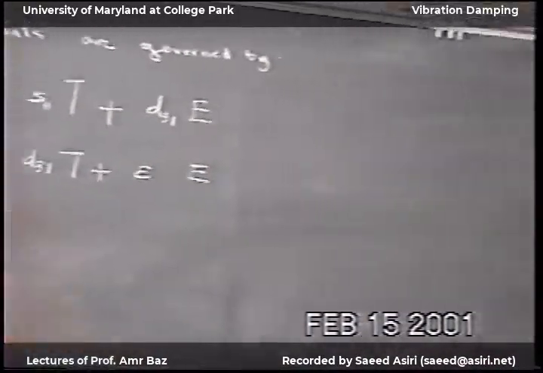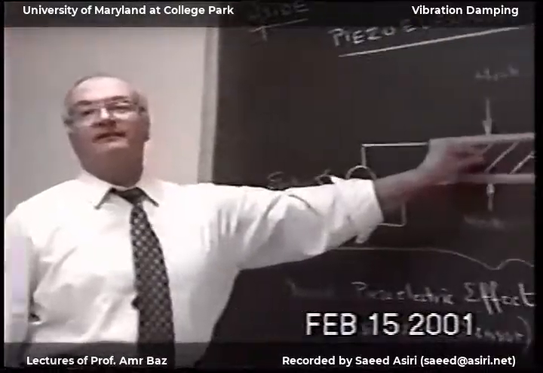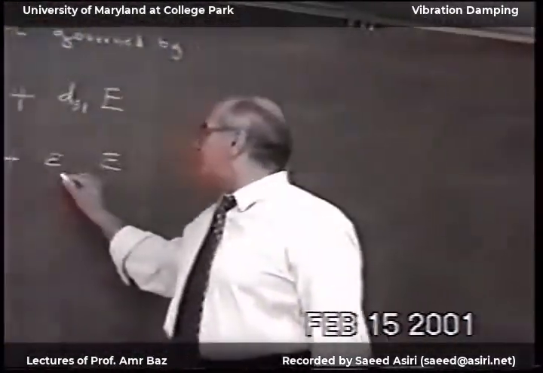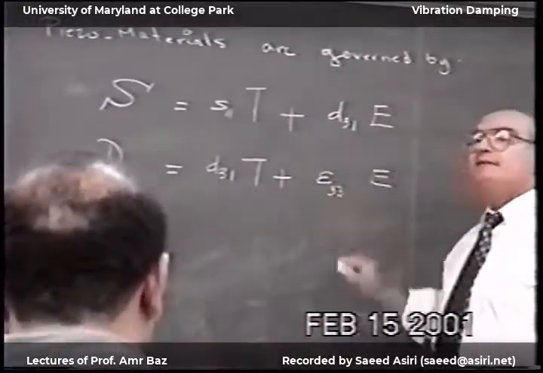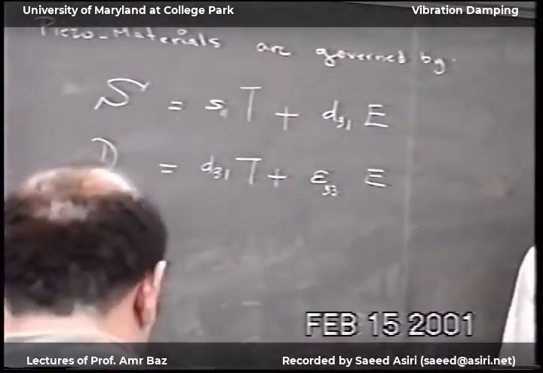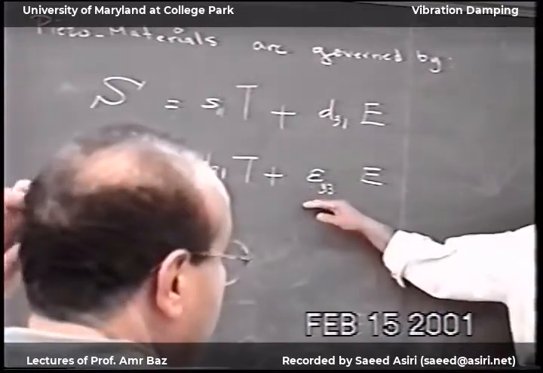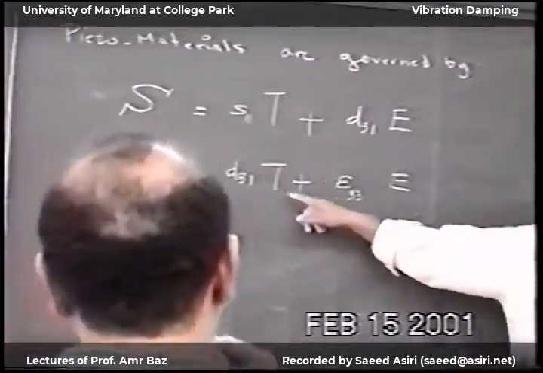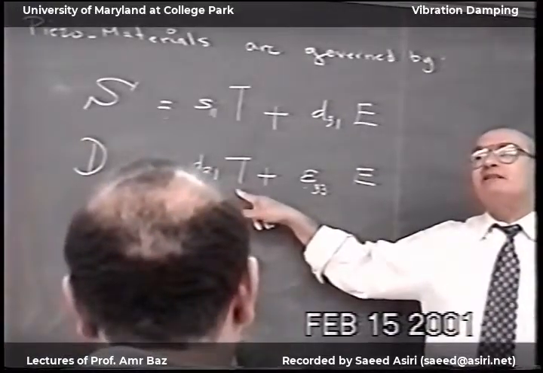We apply a voltage on this material in this direction. So the property epsilon is called epsilon 3,3. And if I want to look up the property in tables, I look up this property when there are no stresses acting on the material.